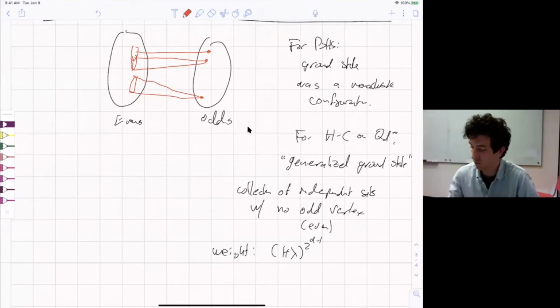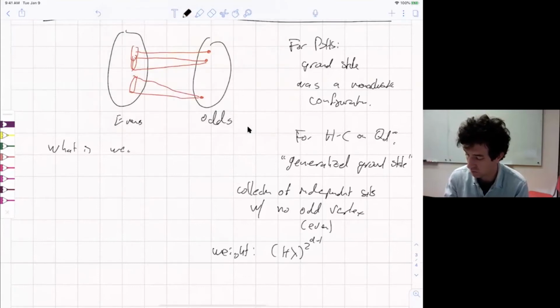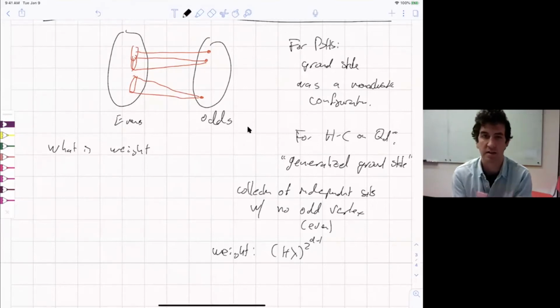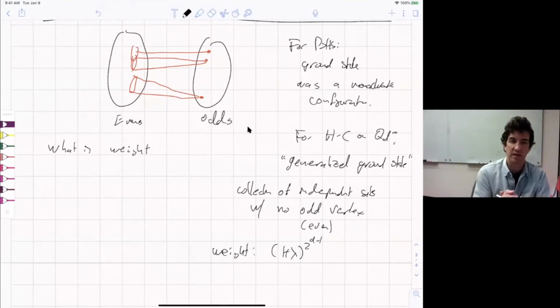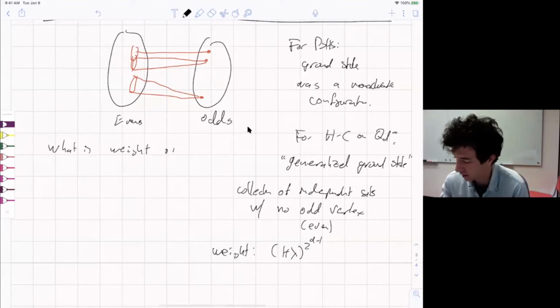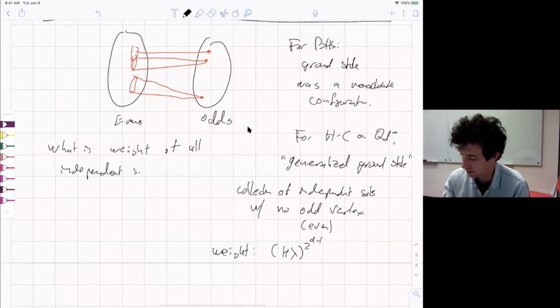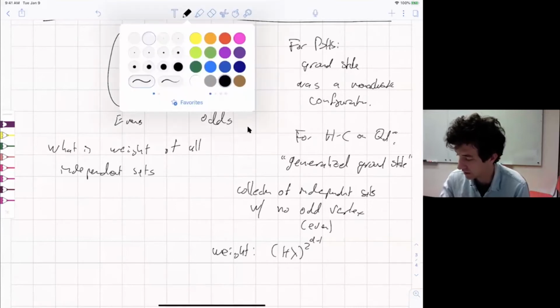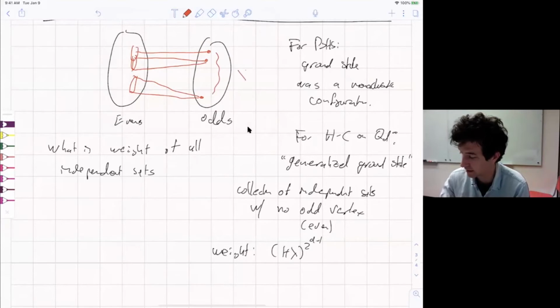Okay, and what we want to understand is, what is the weight, meaning just the sum of lambda to the size of the independent set, of all independent sets. And let's call this set of 3 vertices X. All independent sets I, so that I intersect odd is X.